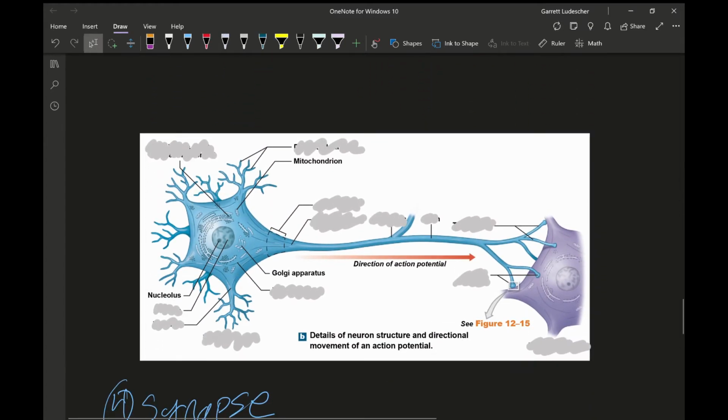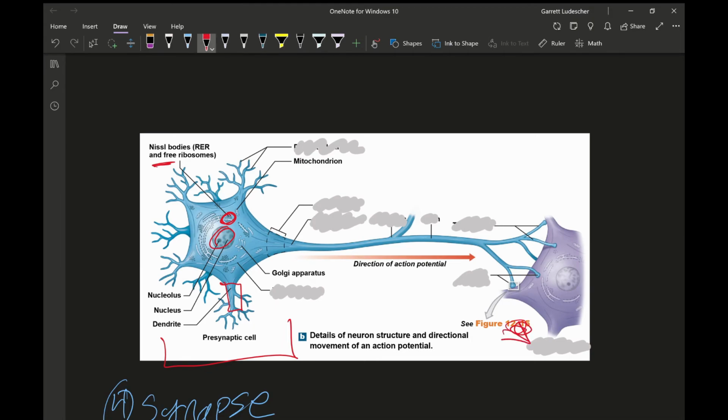Yep, so I'm going to scroll down here, and we got a picture right here. And here you can see that this area up here are the Nissl bodies. So this is like the dense area of the rough ER and free ribosomes. And then this obviously looks like the nucleus, so you can call it the nucleus. And then this right here is a dendrite. And something I was talking about earlier, we're going to call this cell the presynaptic cell.